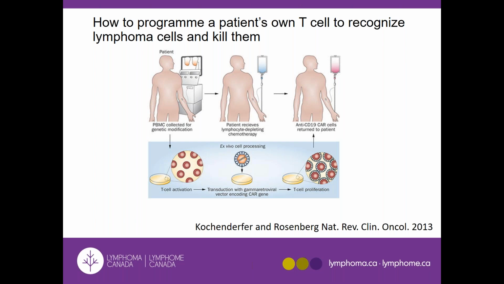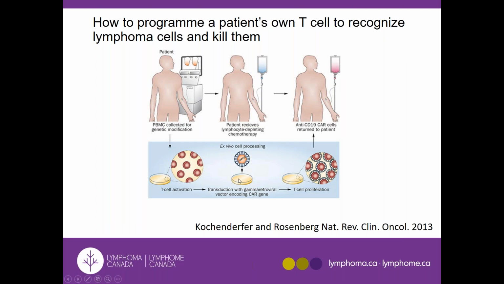CAR T therapy. And this is a different way of treating cancer, which is programming a patient's own T cells to recognize the cancer and kill it. So it's quite an involved process where a patient has their T cells collected, so a different part of the immune system, and they are manufactured or manipulated in the lab to be able to recognize the lymphoma cells based on a particular target.